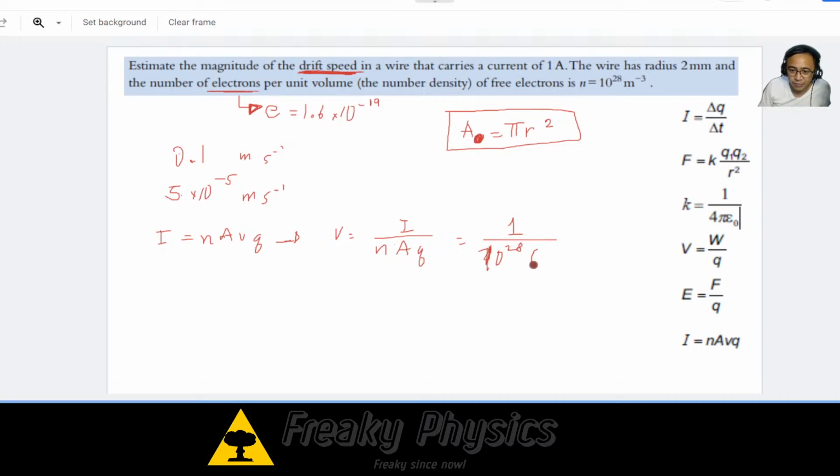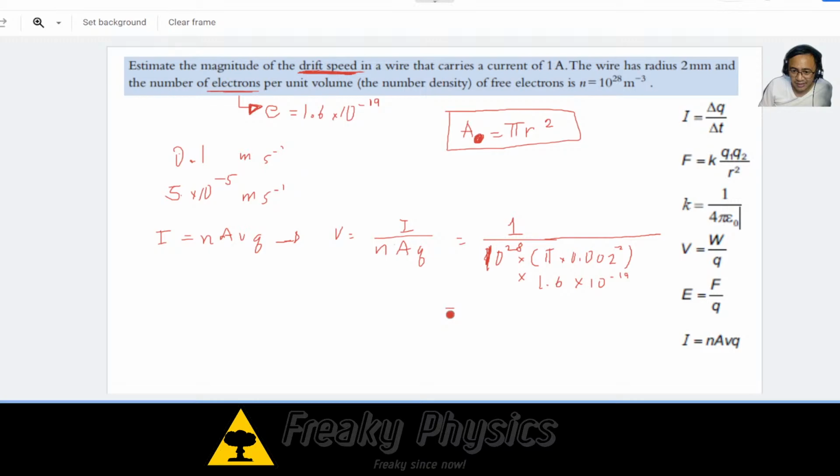Our A would be pi times 2 millimeters, which we have to change to meters, so 0.002 squared. Then the charge of the electron is 1.6 times 10 to the minus 19. The negative doesn't matter because we still get the same magnitude.